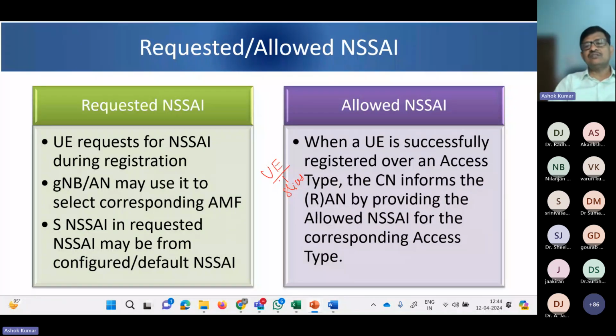But ultimately, once you have registered onto the network, I also check inside the network whether that slice is allowed or not. The allowed slice details are passed on to the UE on completion of the registration process. So the UE also has a list of all the allowed slices.